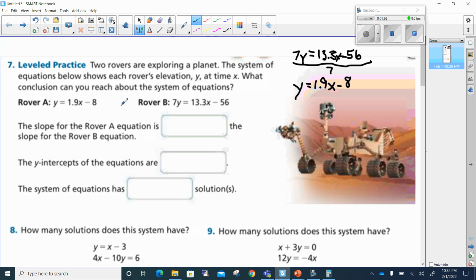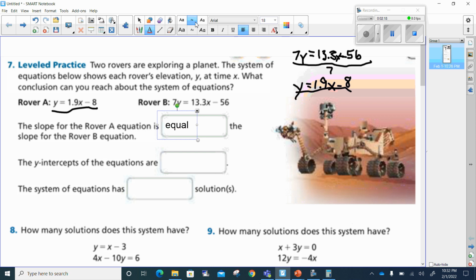And we might notice that we have the identical equation here. So the slope for the rover of the equation is, well, that's pretty easy, equal. The y-intercept of the equations are also equal.